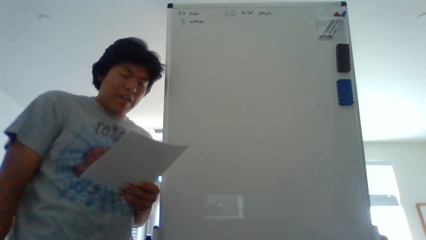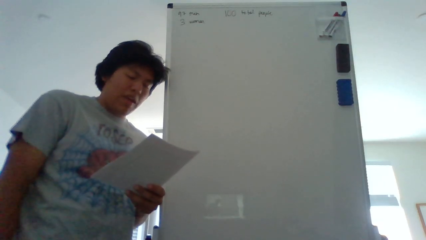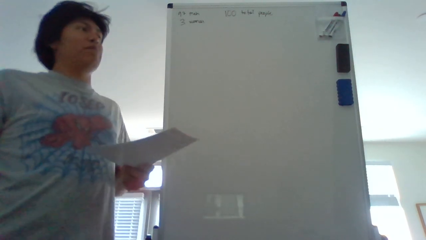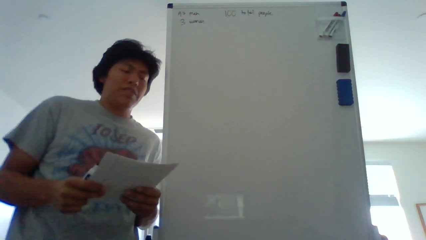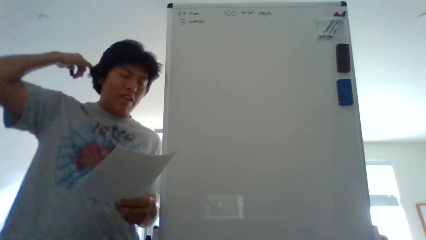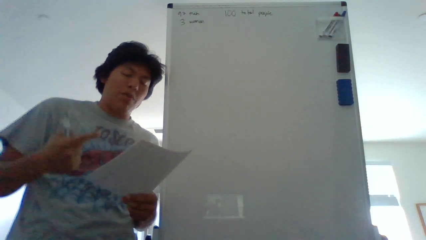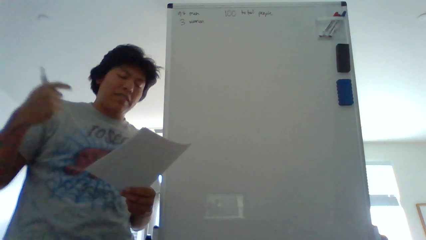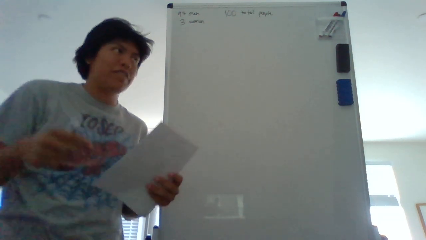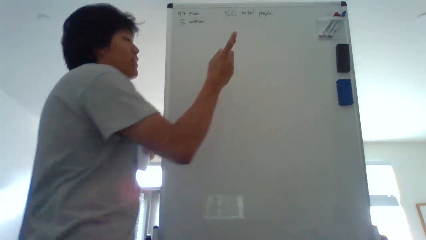The question again asks, what is the probability that the committee includes all 3 women and has one of the women as chairperson? Okay, so this sounds like we're trying to find the probability of 2 events happening at the same time, right? Because we're trying to find a committee that includes all 3 women and that same committee has a woman as a chairperson. Okay, so we have a couple events to consider, right?